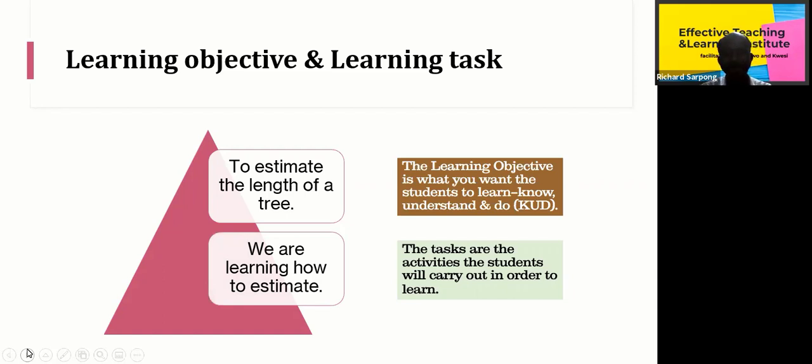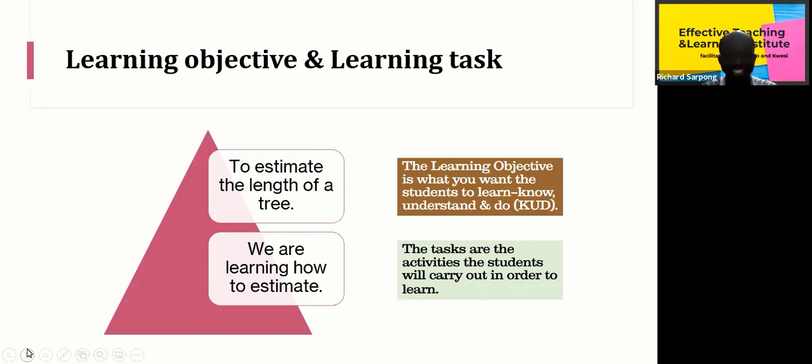So it doesn't mean that it's a tree alone that you can estimate. There are so many things around the child that they need to learn how to estimate. Those things are the context of the learning, and they can be the learning activity.